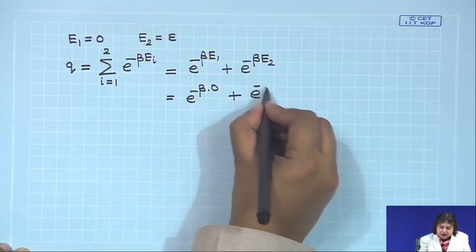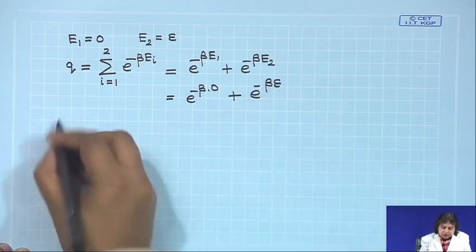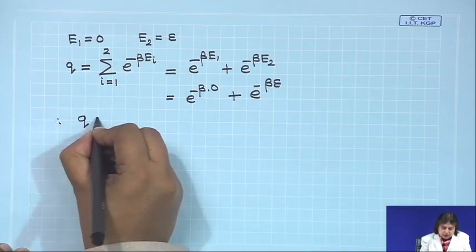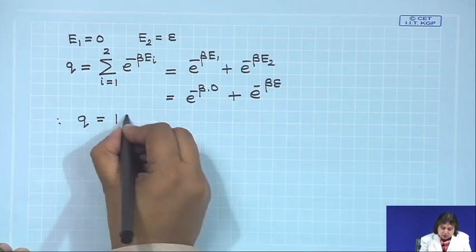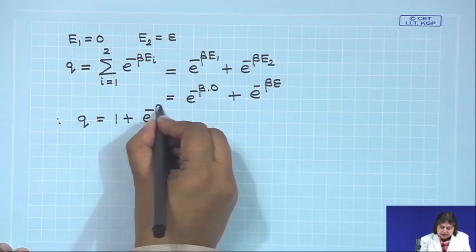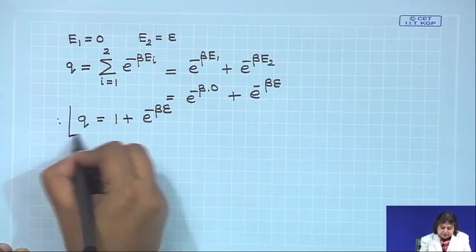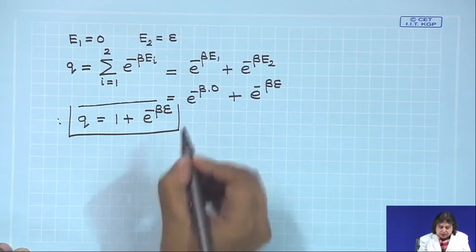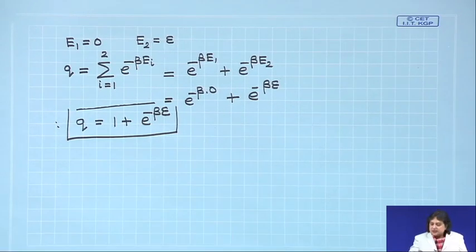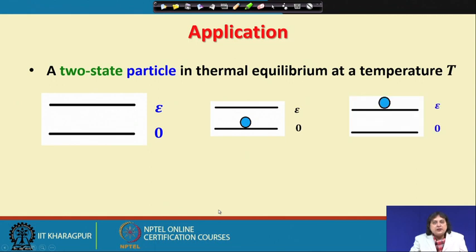So, e to the power of minus beta epsilon. So, what is the final form of q? The final form of q is 1 plus e to the power of minus beta epsilon. Okay. So, this is basically a generalization of what I had from the spin-half particle system.